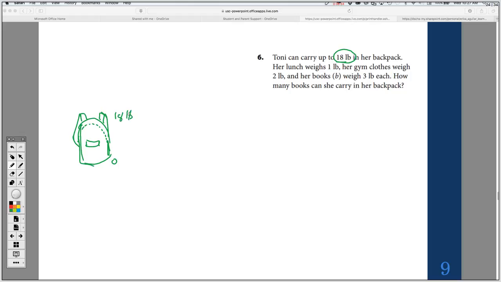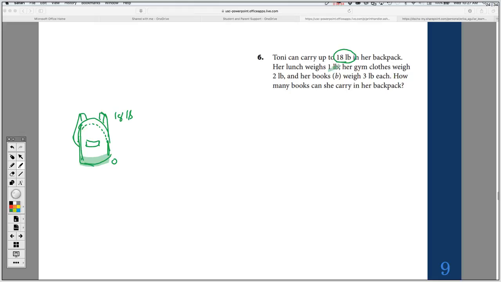All right, so we have 1 pound shaded and 2 pounds of gym clothes. So 2 more pounds gym clothes. And then 3 pounds for books. And her books, we don't know how much that weighs though.